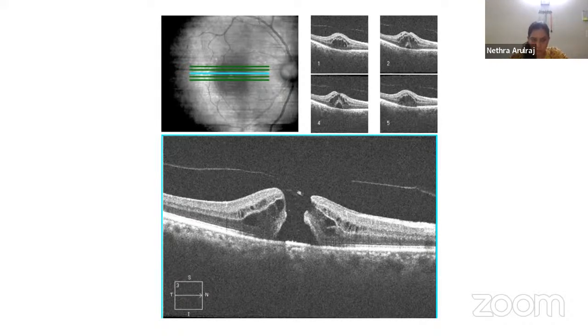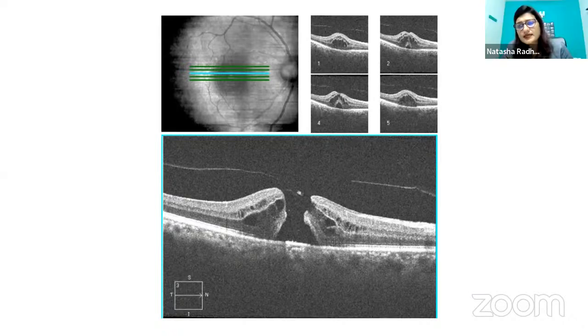And 2 will be a small full thickness macular hole less than 400 microns. And 3 will be a full thickness macular hole more than 400 microns, but there will not be a full vitreous separation. And 4 will be where there's a full thickness macular hole with complete vitreous separation.